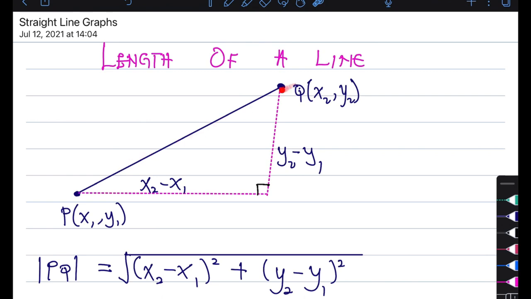So PQ now becomes the hypotenuse. So the length of PQ will be the square root of the distance from x1 to x2, which is (x2 minus x1) squared, plus the distance on the y-axis, which is (y2 minus y1) also squared. So this is how we derive this particular formula. So keep this formula in mind. We will use it a lot in this presentation.